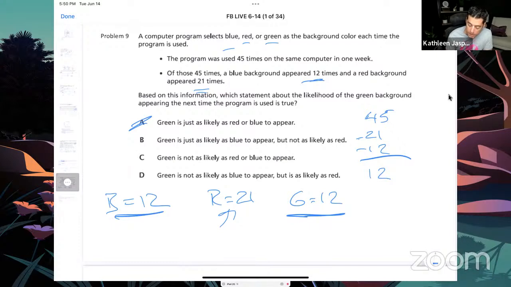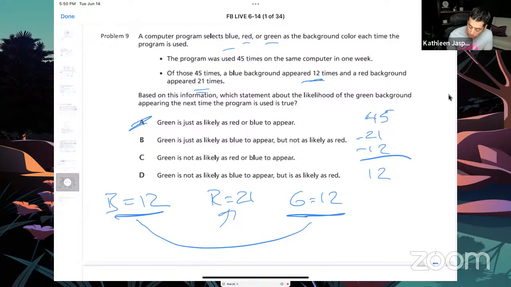B says green is just as likely as blue to appear, but not as likely as red. Well, that makes sense. Green is as likely as blue because they're exactly the same. They have the same exact probability of showing up because there's 12 of each of them, but not as likely as red. And it's not as likely because it's actually less than red.